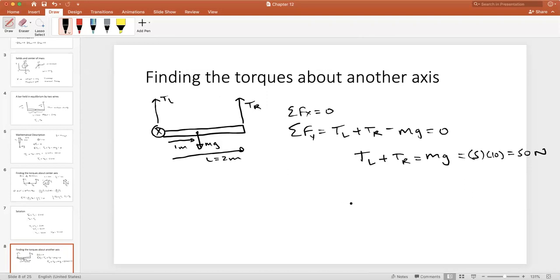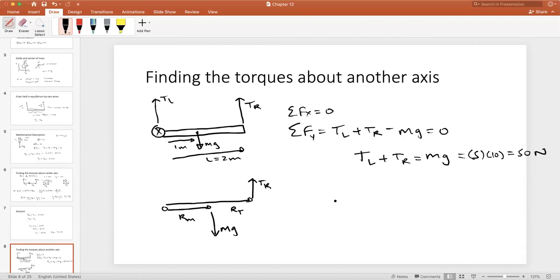However, now let's look at our torques. And we have r to the mass and the mass times g. And then we also have r to this tension that I'm going to call r_T times tension to the right. And of course, right on the axis of rotation, we have the tension on the left, but the radial vector to the tension on the left is 0.